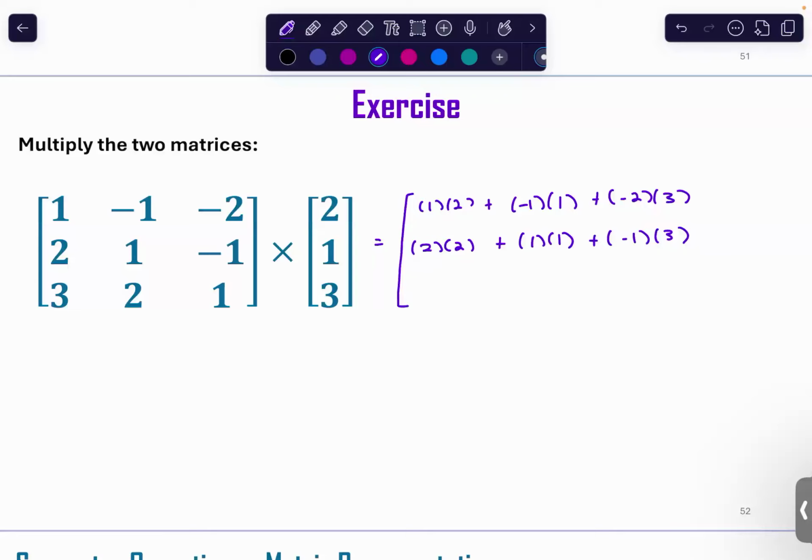And then we have row 3, column 1. So it's 2 plus 2 times 1 plus 1 is 3. And as you said, this gives us -5 to 11.